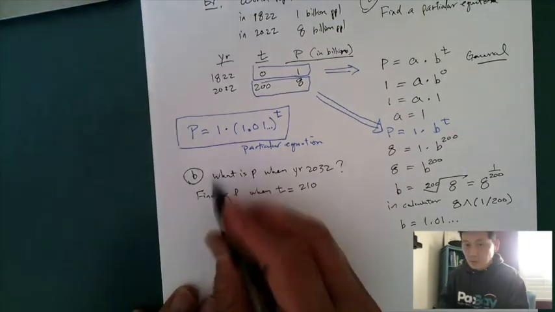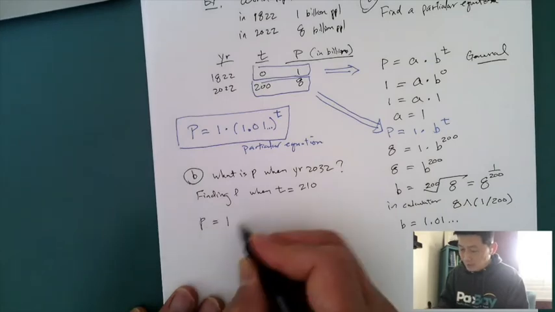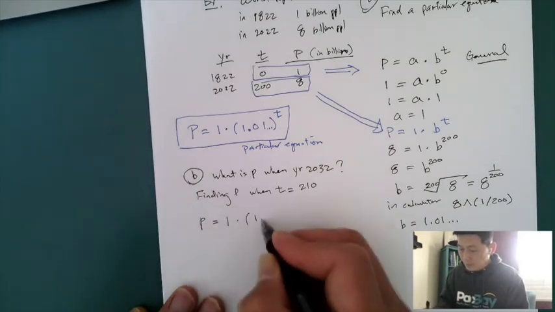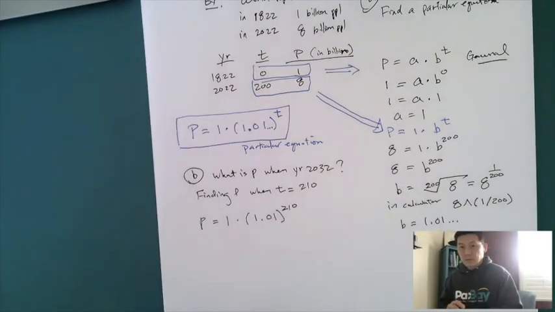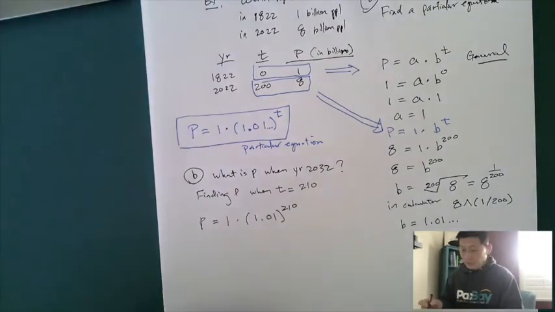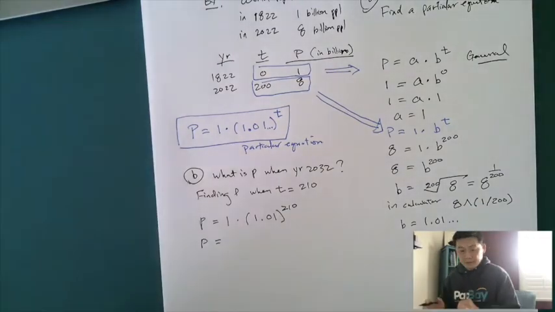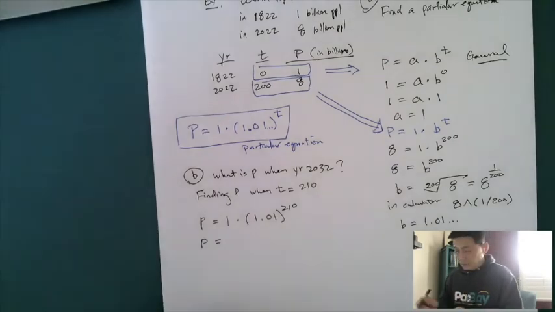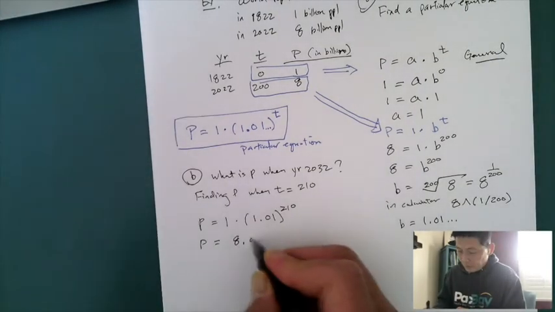So that means we need to take that equation, P is equal to 1 times 1.01 to the 210th power. Now you can just use your calculator, and I won't solve it for you right now. I already did it. You end up with 8.081 and so on.